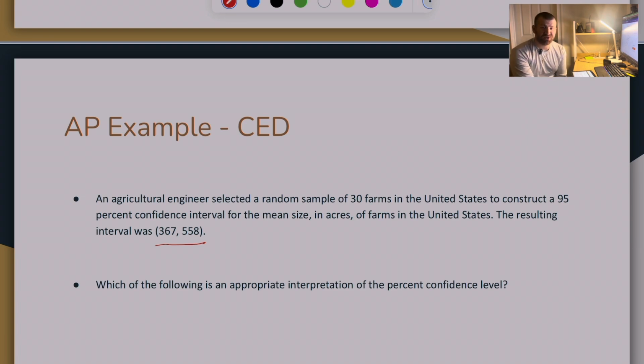Now, this was a multiple choice question that I deleted the answer choices from so we could actually write the sentence. Right?